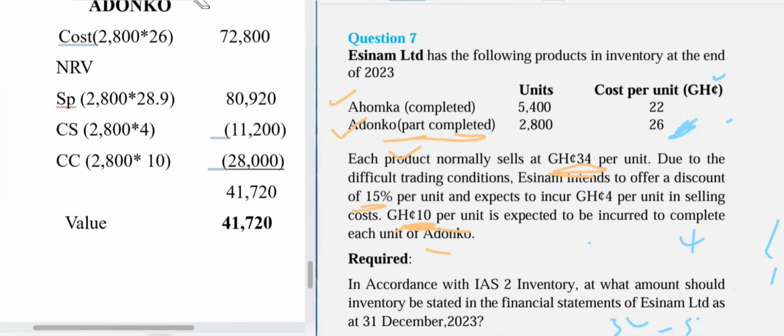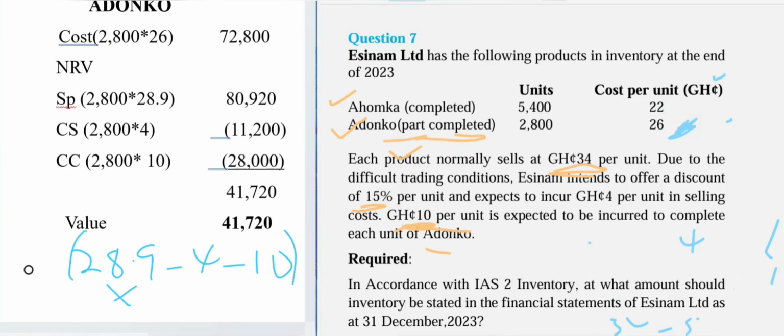We pick the selling price, which is 28.9. Then we less the cost to sell, 4 cedis, and we less the cost to complete, 10 cedis. And then when you get the answer, we multiply everything by 2,800. You can also get the net realizable value using this formula.